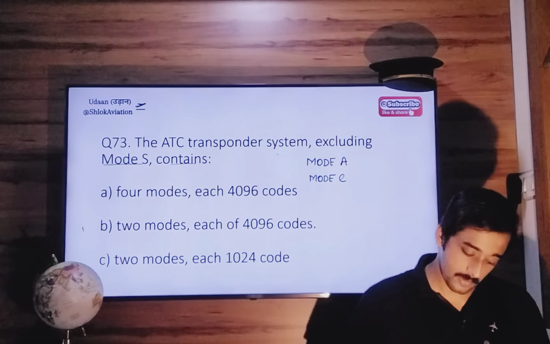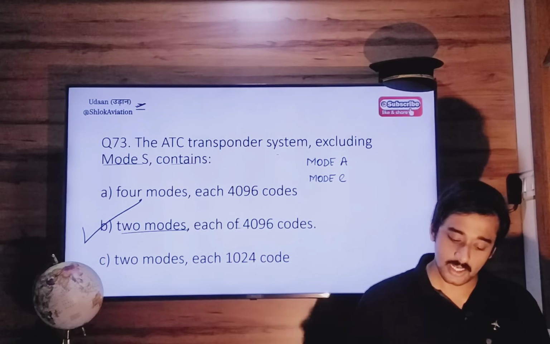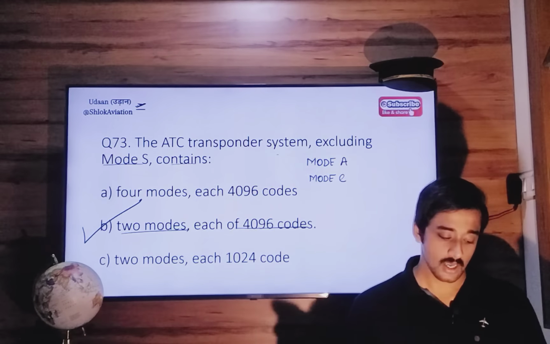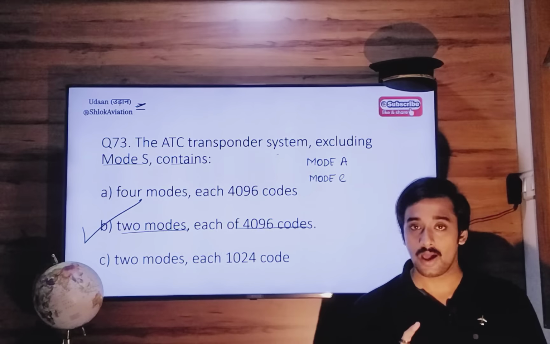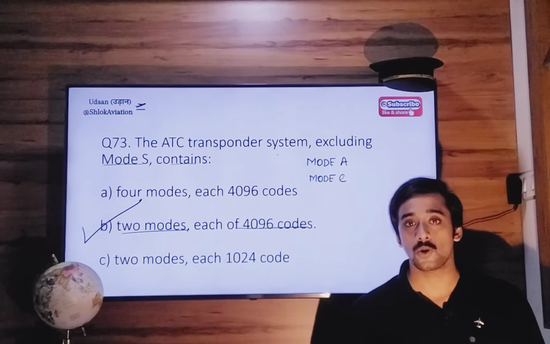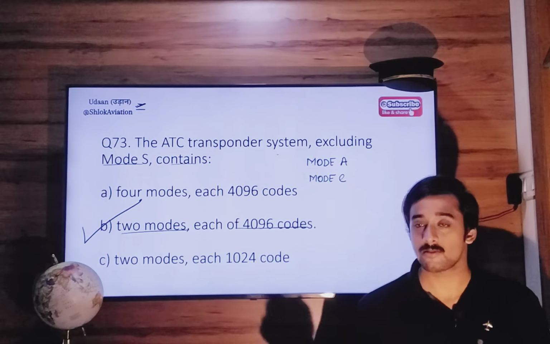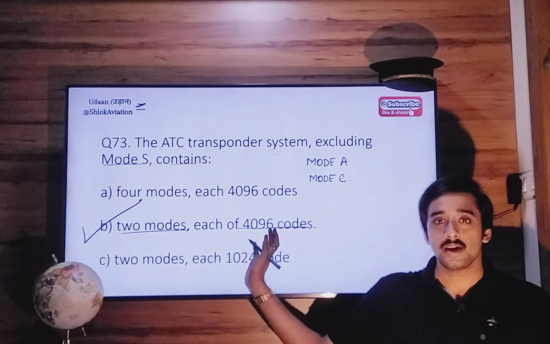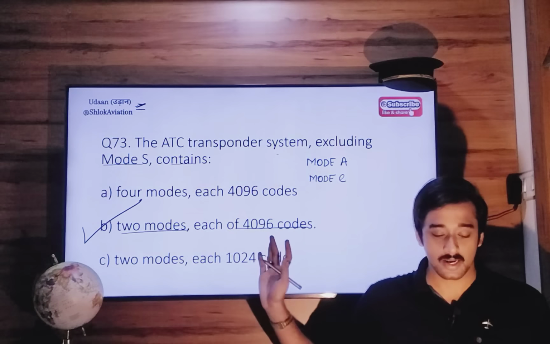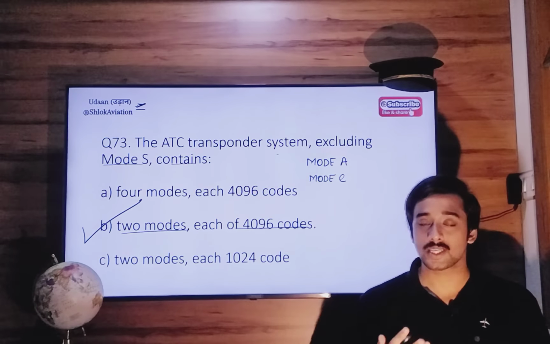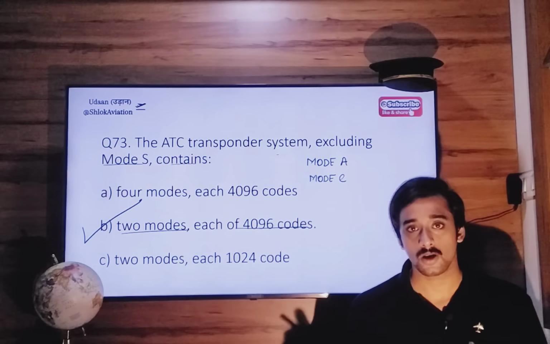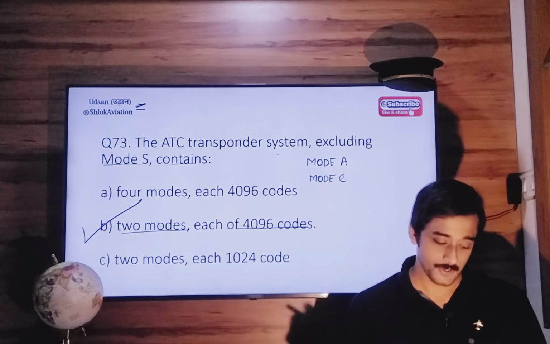Okay, so option Bravo. Two modes, each 4096 codes. With mode S, you have more than 1 crore codes available. With mode Alpha and Charlie, you have only approximately 4100. With mode Sierra or mode Selective, you have more than 1 crore codes available.